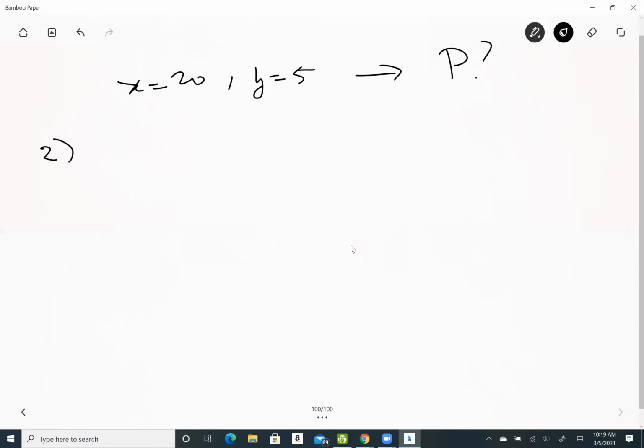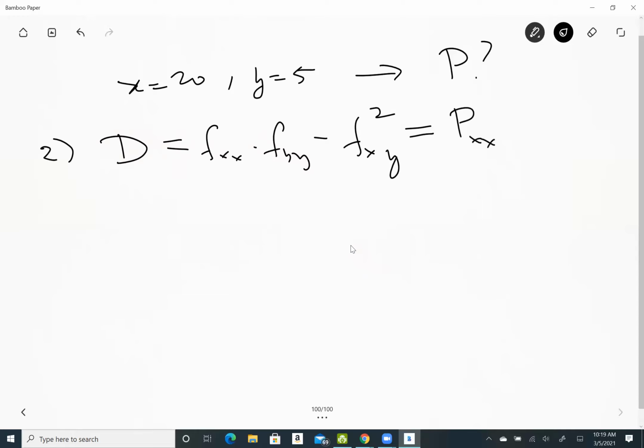You know that D is equal to fxx, fyy minus fxy squared. So here, talking about the profit, you got pxx, pyy minus pxy squared.